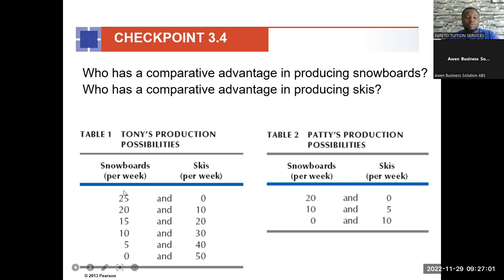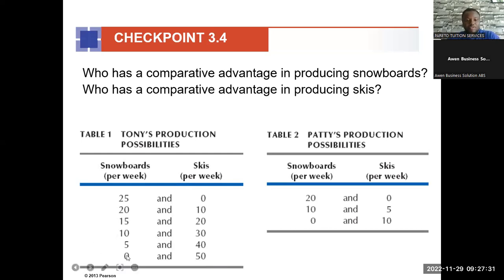Now, assuming we want to find who has comparative advantage in producing snowballs. From here, assuming this guy wants to increase his production of snowballs, initially he wasn't producing any snowball at all. Now he wants to produce 5, so definitely he has to sacrifice some units of skies, right?